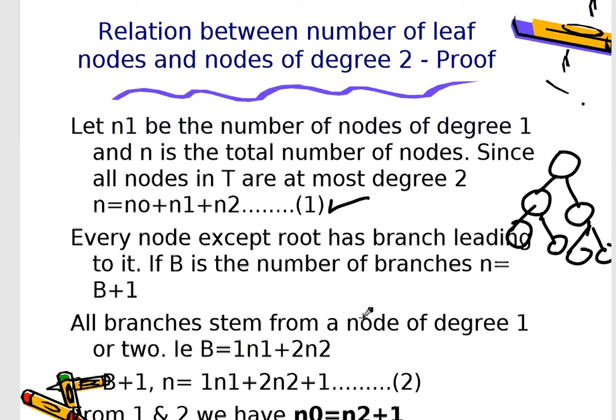So that is why I can say that B, the total number of branches, equals the number from 1 degree nodes or 2 degree nodes. So based on this rule, I can write n equal to B plus 1. So B is this one, so n1 and 1 plus 2 and n2, plus 1. So these two equations can be equated and you will get n0 is equal to n2 plus 1.